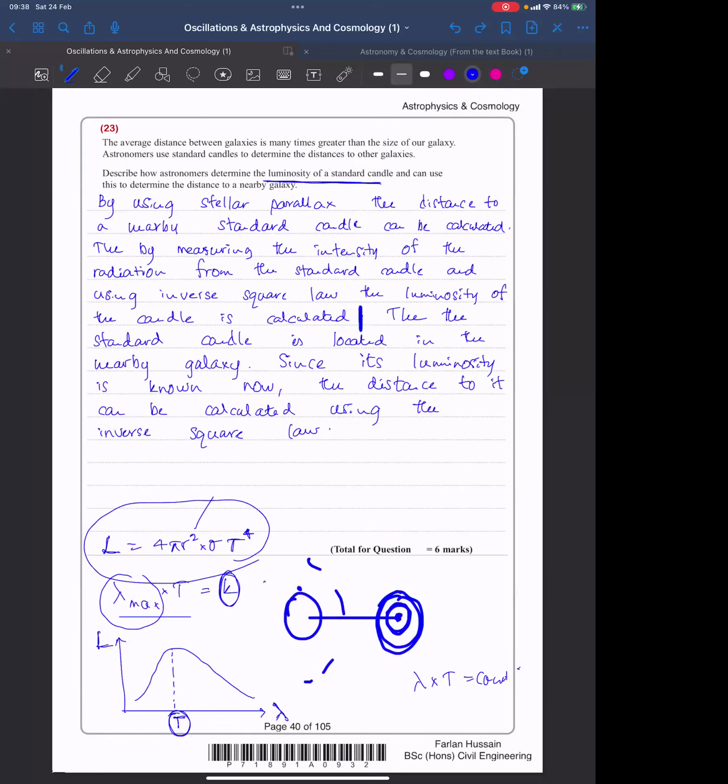You can add another point, the intensity of the radiation from the candle at the Earth's surface is measured. Now read the answer.